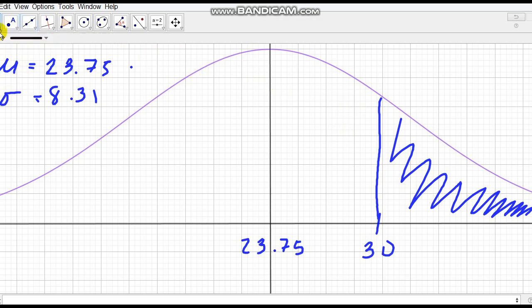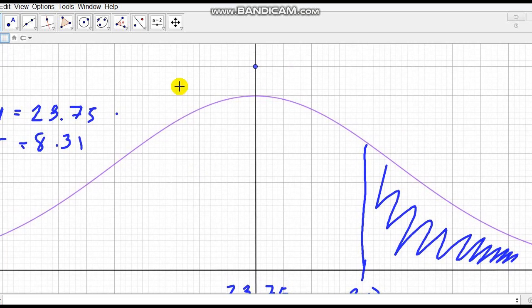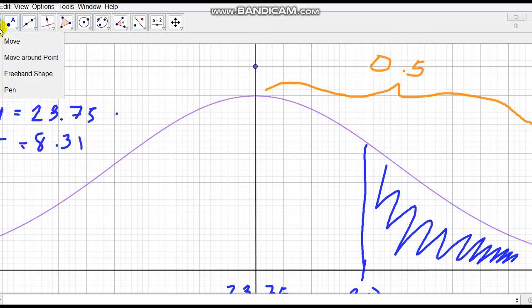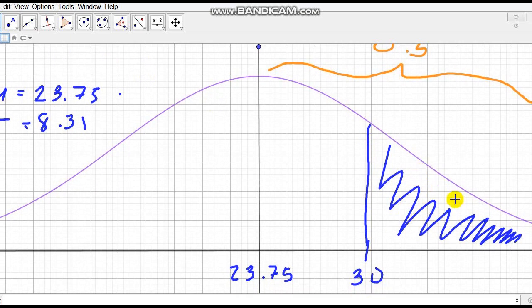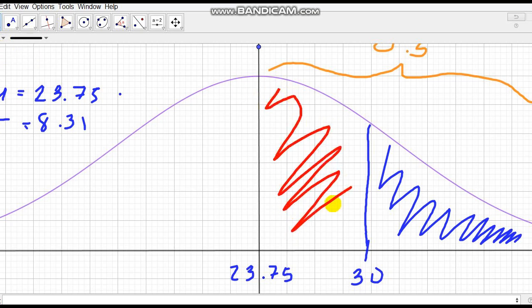Remember, this entire half here is 0.5, or 50% of the data. In order for us to determine this particular area, we have to know first the area that I'm going to shade with red, because this is the area that's available to us in the table of areas under the normal curve. It's only from the score towards the mean.